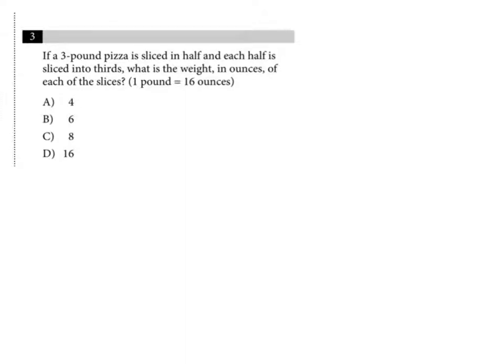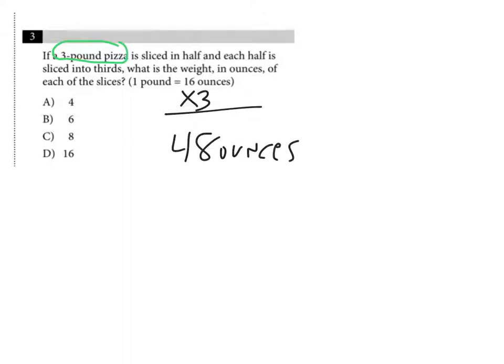Problem 3, if a 3-pound pizza is sliced in half. Well, 1 pound is 16 ounces, so 3 pounds is 48 ounces. So if this 48-ounce pizza is sliced in half, if I divide that by 2, then each half has 24 ounces.